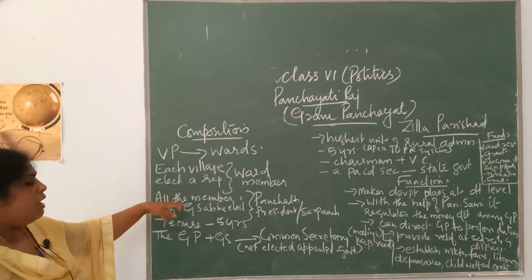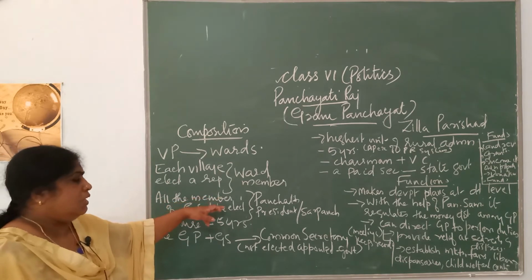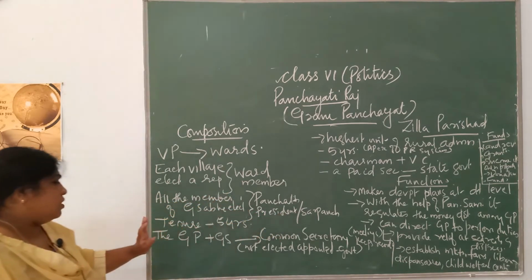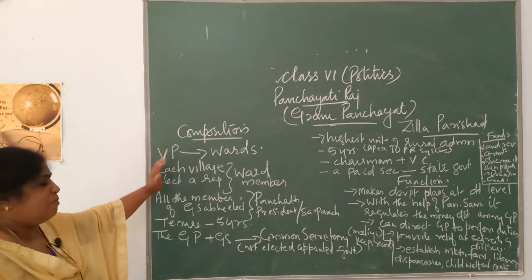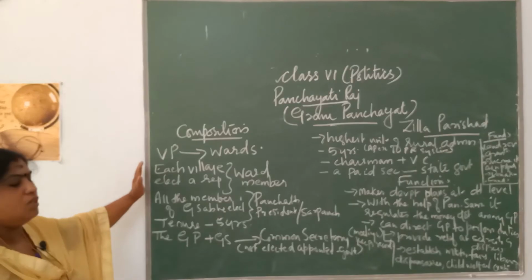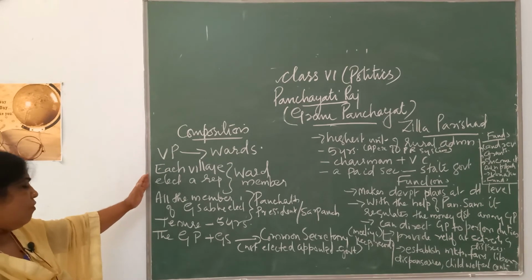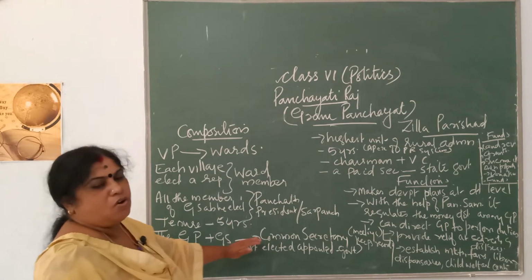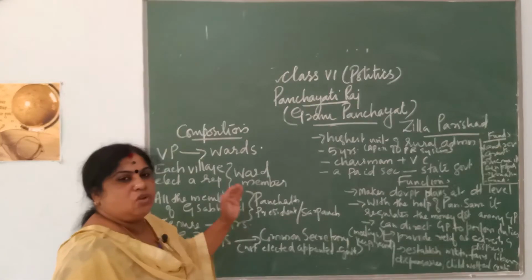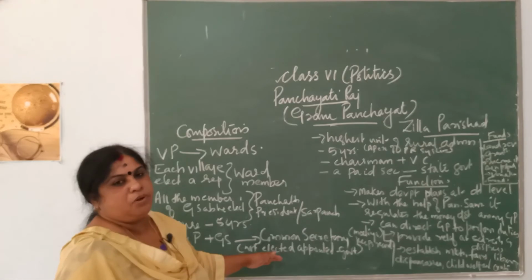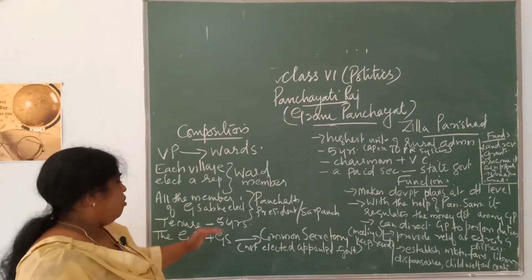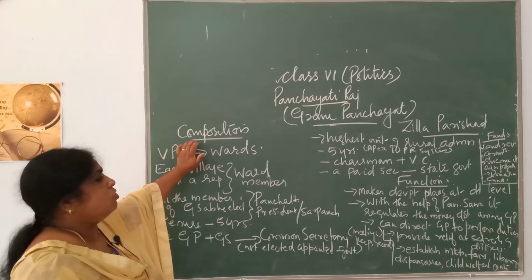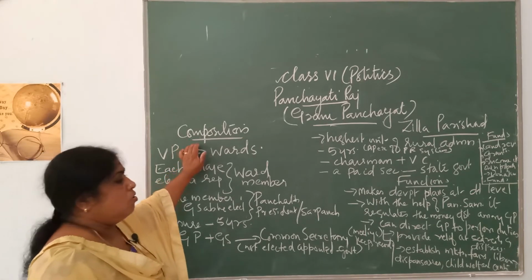All the members of the Grama Sabha elect a representative called the Panchayat president. He is also called a Sarpanch. The tenure of this Grama Panchayat is 5 years. The Grama Panchayat and the Grama Sabha have a common secretary, who is not an elected person but is appointed by the government. So this is the composition of the Grama Panchayat, also called the village Panchayat.